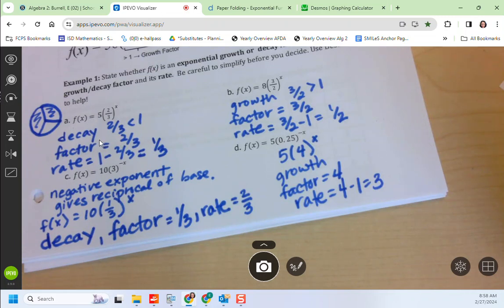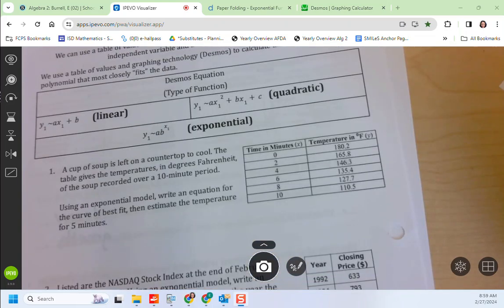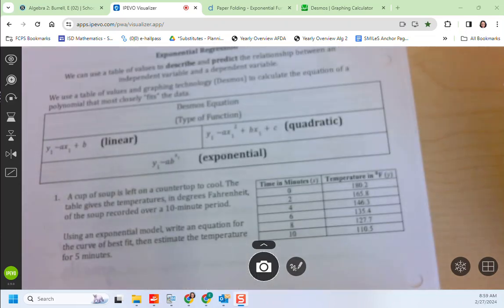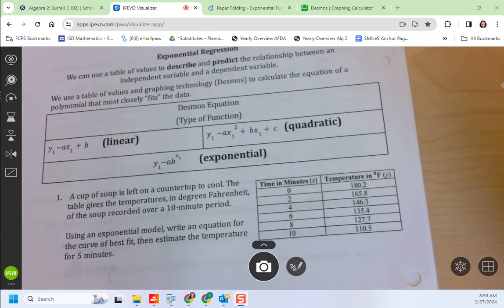Okay, we are going to need Desmos for the next part, because we're going to be graphing. So open up a new Desmos. Okay. All right, exponential regression is going to give you an exponential equation that fits a set of data. We're going to actually be doing this later for our project in this unit, but for now we're just doing it in our notes.